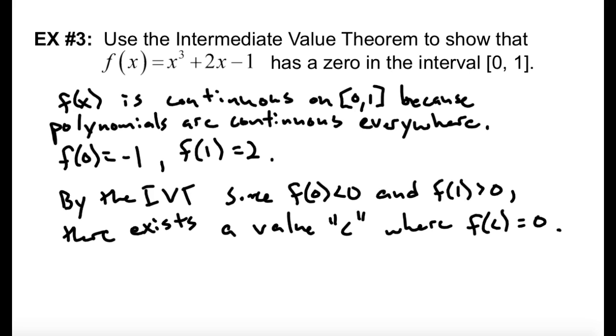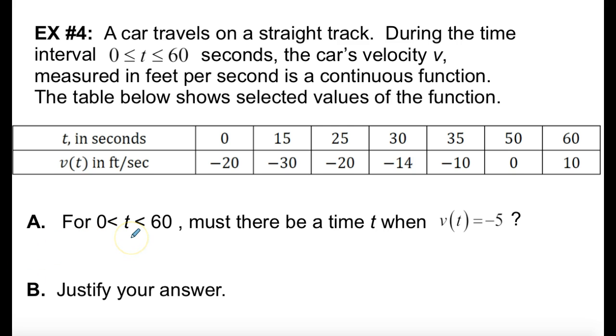And this last example, I think, is probably the most common way you would see this idea pop up on the AP test. It says a car travels on a straight track during the time interval 0 to 60. The car's velocity, measured in feet per second, is a continuous function.